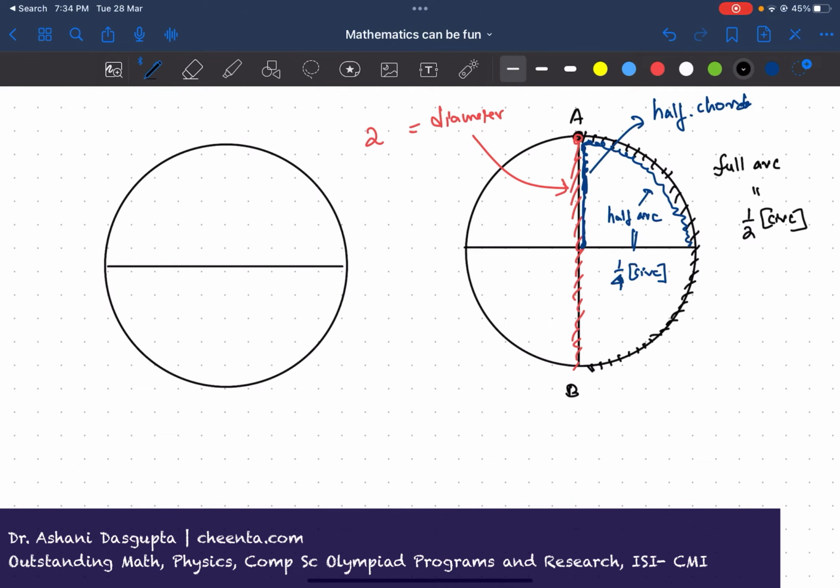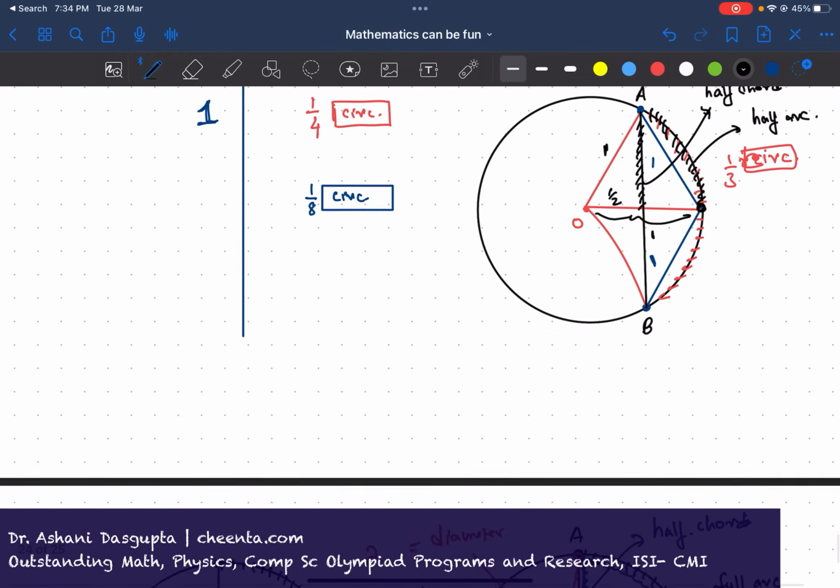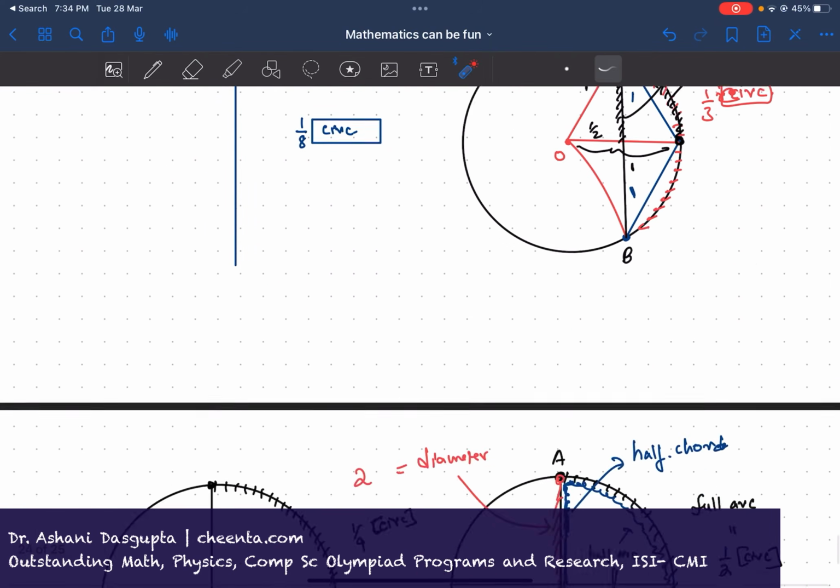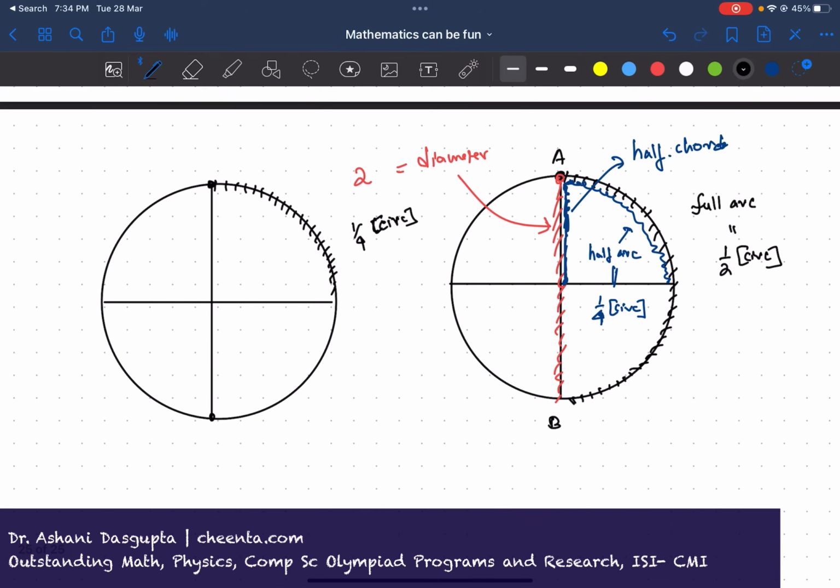These are the 4 quadrants in which I divide the circle. Now, this entire thing is 1/4 of the circumference. We want 1/8 of the circumference, so half of that.